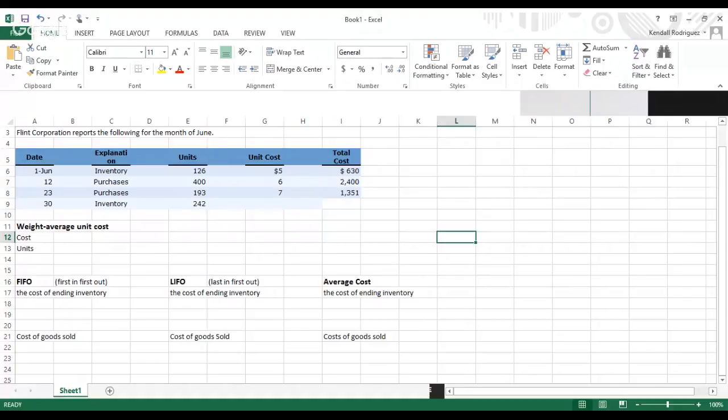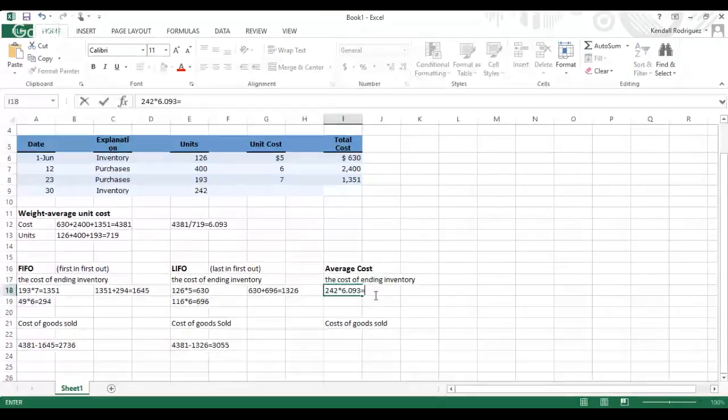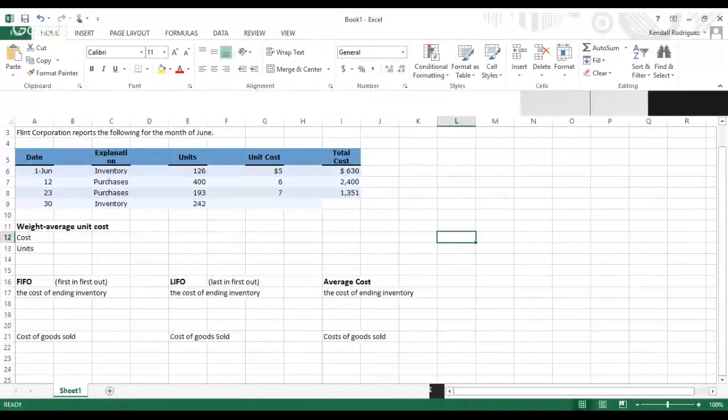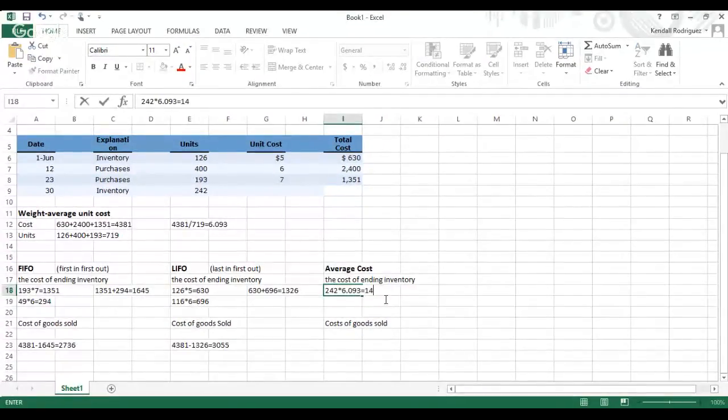So then you get 1,474.5. So I rounded up to 1,475 for that one. And then just as before, we're going to take the 4,381 and subtract the 1,475. That will equal out to be 2,906.